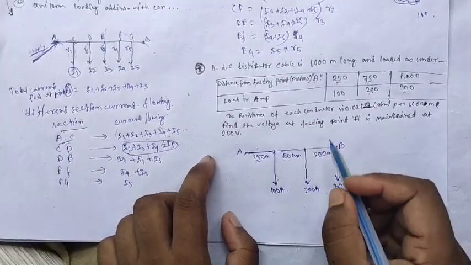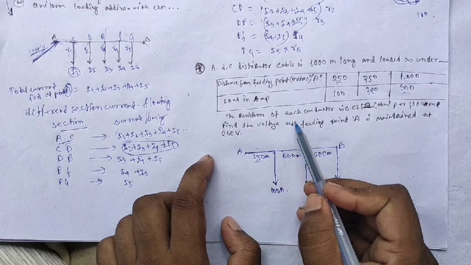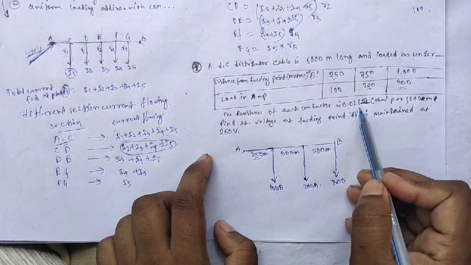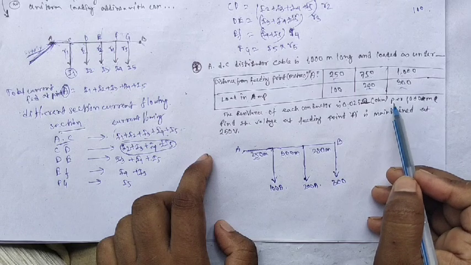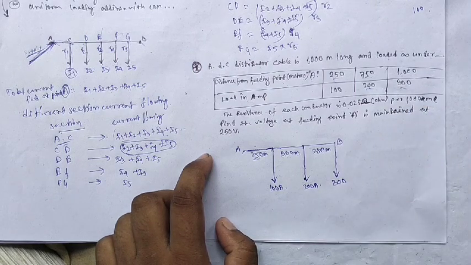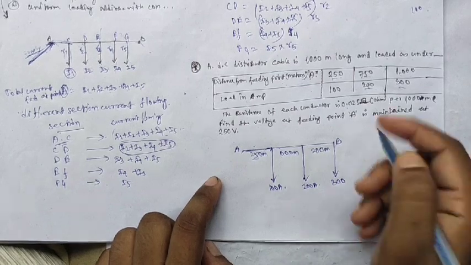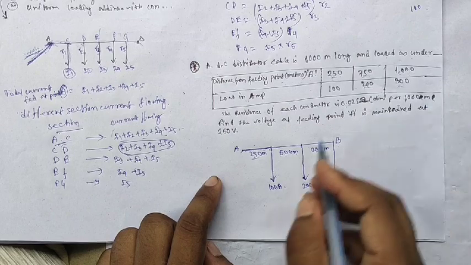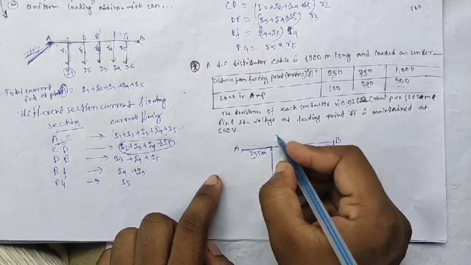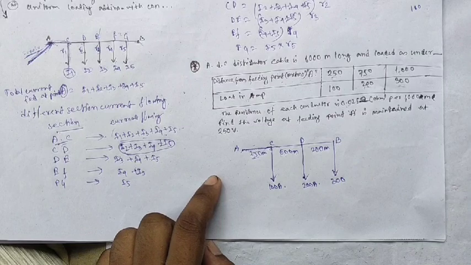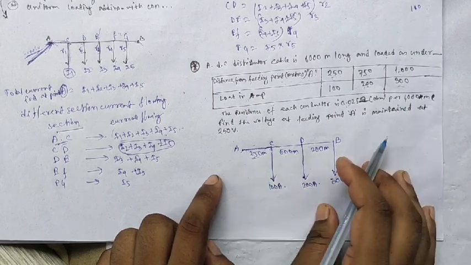Okay, the question says that the resistance of each conductor is 0.025 ohm per 1000 meter. So 0.025 ohm per 1000 meter, and suppose this point is C, this point is D. Okay, so what is the resistance of point AC?